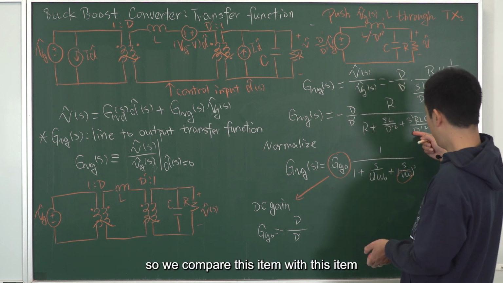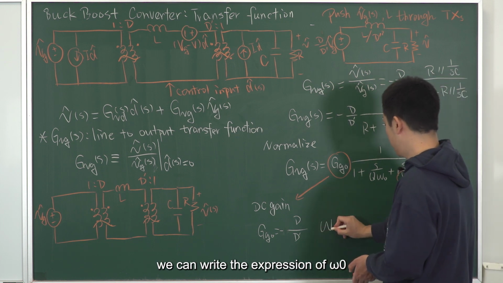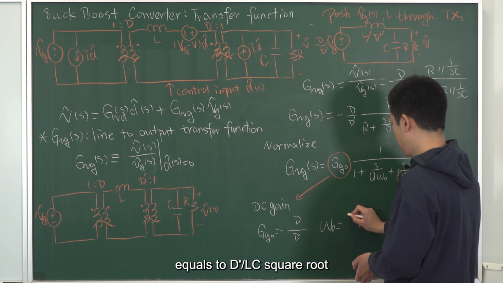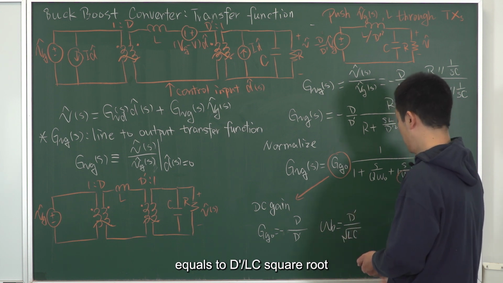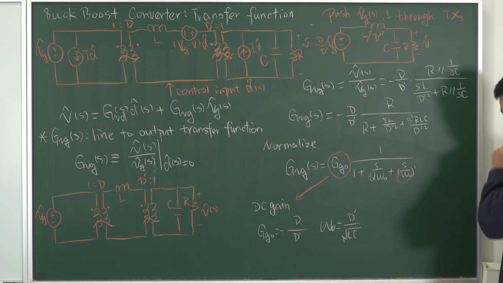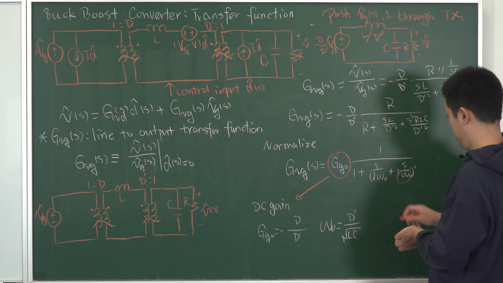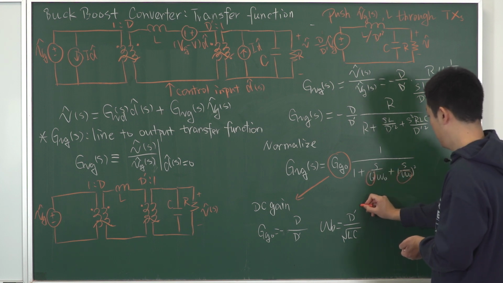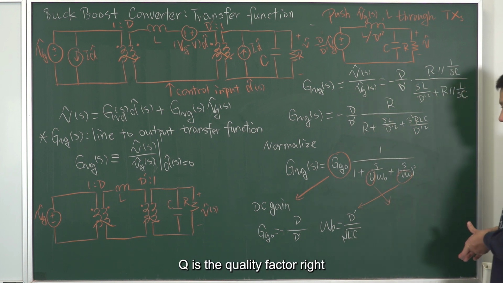So we compare this term with this term. We can write the expression for omega 0 equals d prime over the square root of LC. And the third one is Q. Q is the quality factor, right?